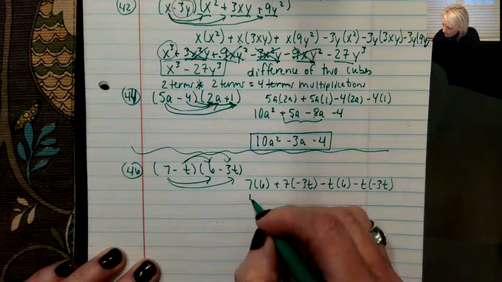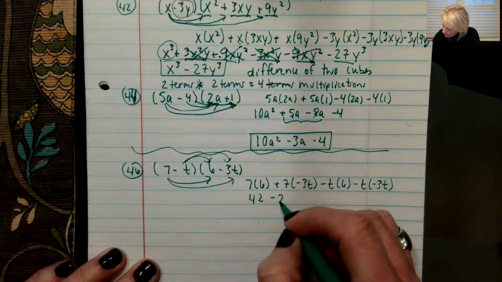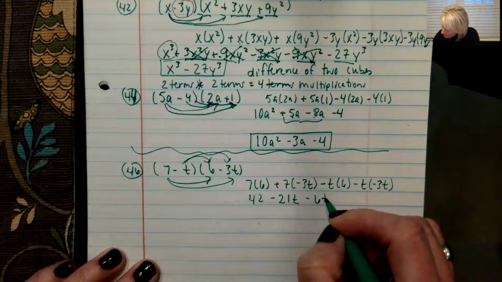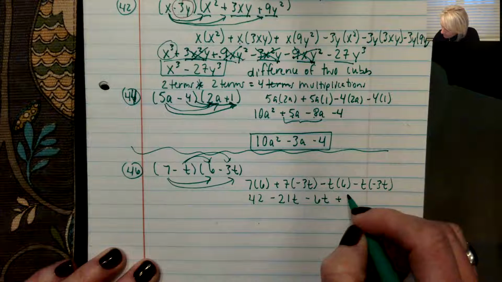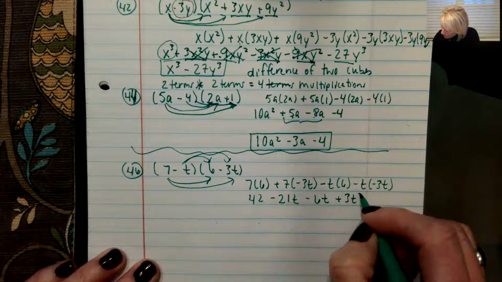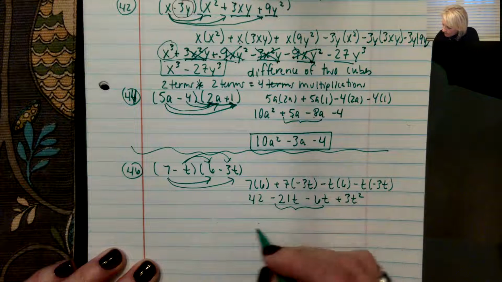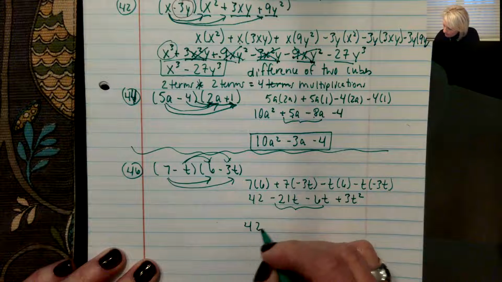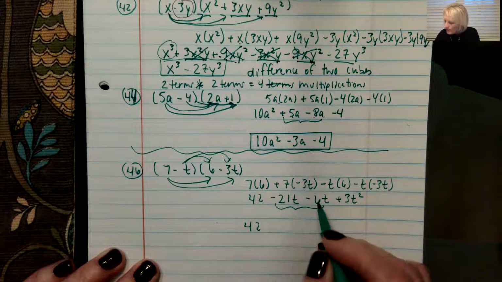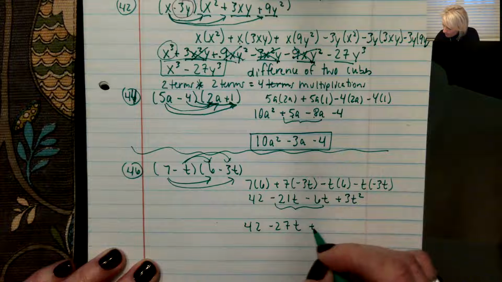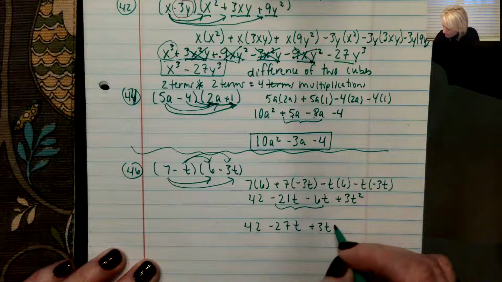So we end up with 42, subtracting 21t, subtracting 6t plus 3t squared. We have some like terms. So we have 42, and then a -21 and a -6 makes a -27t plus 3t squared.